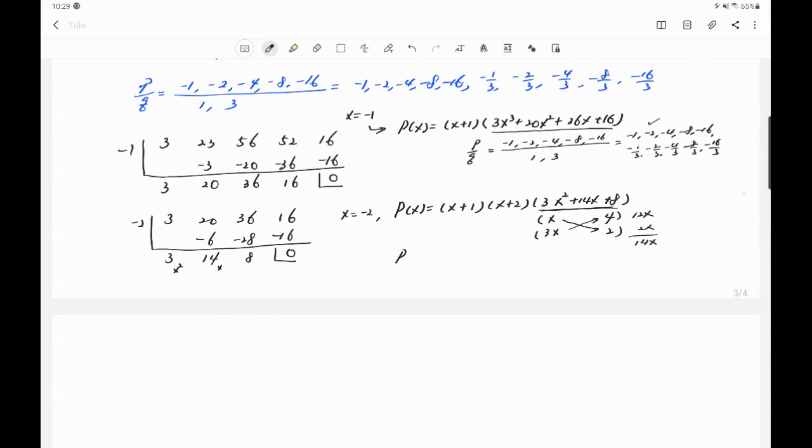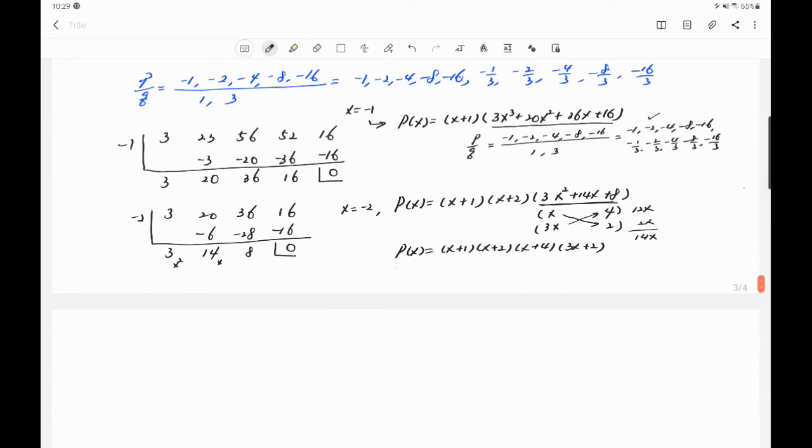So finally we can write x plus 1, x plus 2, x plus 4, and 3x plus 2, right? If we make the polynomial equal to 0, then the solutions are x equals negative 1, negative 2, negative 4, and negative 2/3.